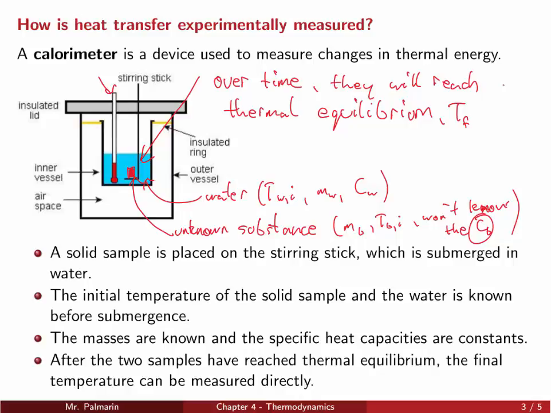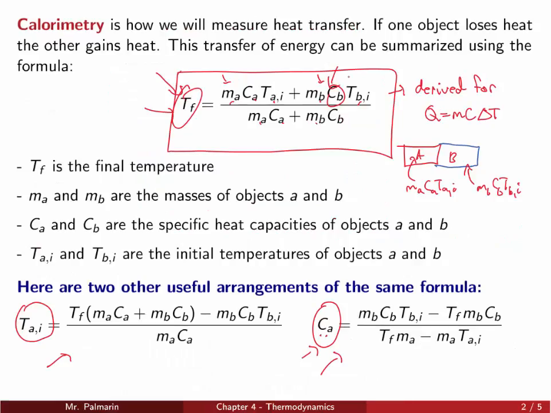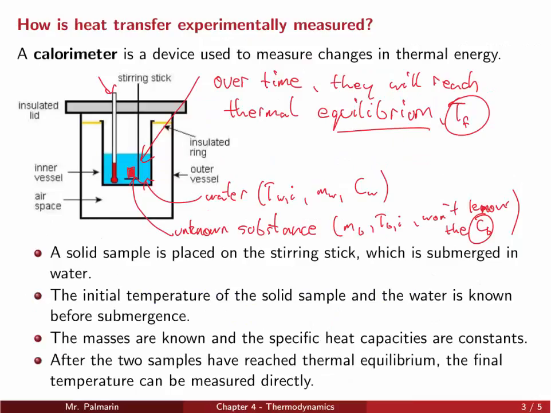You place them in, and boom, you will figure out what the final temperature is, which means you'll know all you need to know to solve for that guy. And then there is much rejoicing. Once you get the specific heat capacity, you can look up on a table what material it is. So that is how you can identify what a material is. So this could be iron or steel, depending on this value.